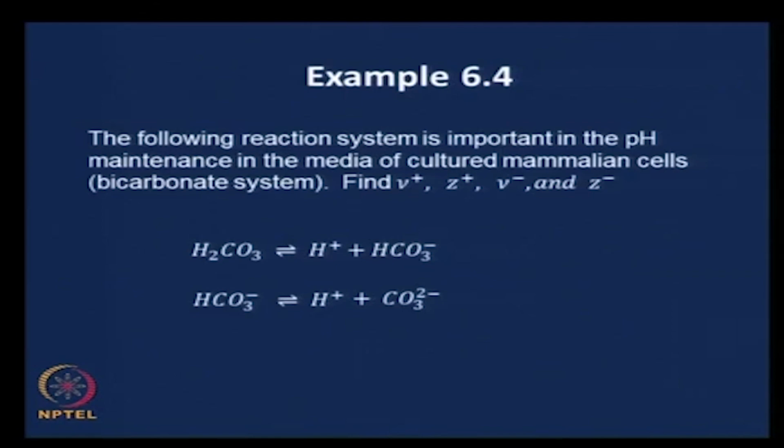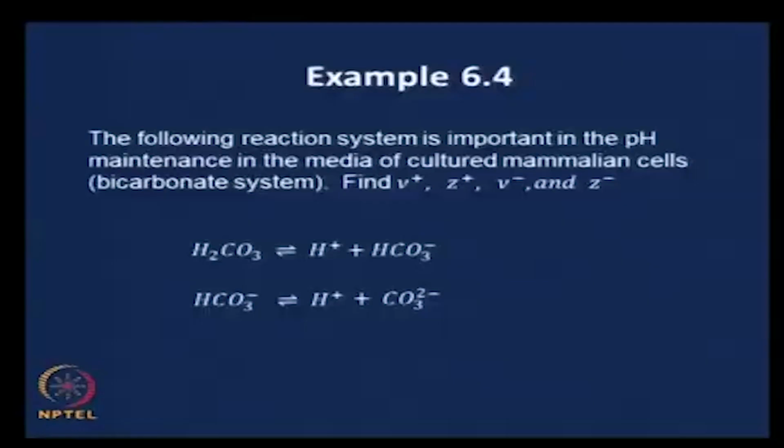So, because the mammalian cells are going to grow, they are going to produce lactic acid, which is going to move from the inside of the cell to outside of the cell into the medium. If there is acidification due to lactic acid, the pH is going to drop. Therefore, the medium should be able to withstand at least a reasonable acidification or the addition of acidic ions, lactic acid H plus ions to the medium, and that is done this way.